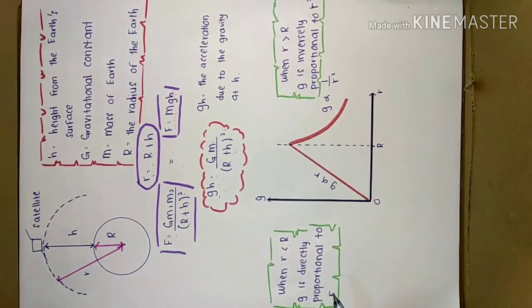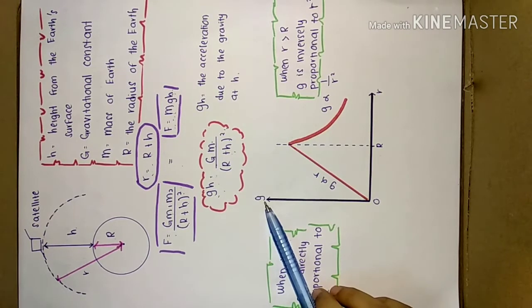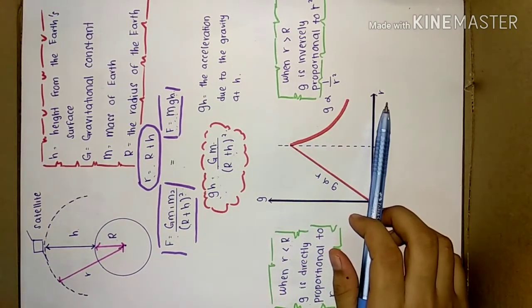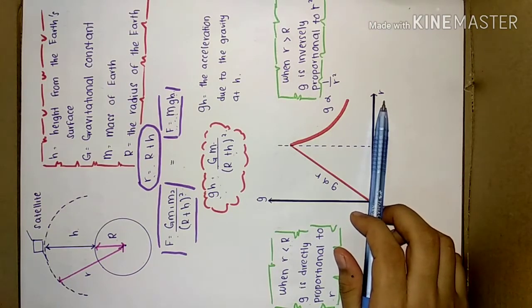We have this graph representing the relationship between the acceleration due to gravity at h and the distance of the satellite from the center of the Earth.